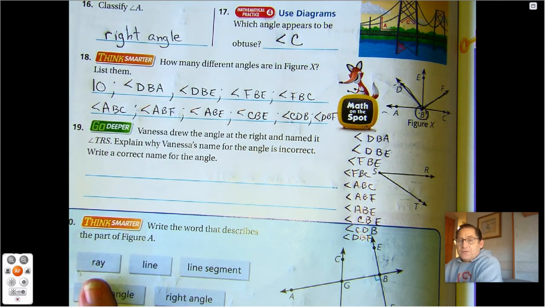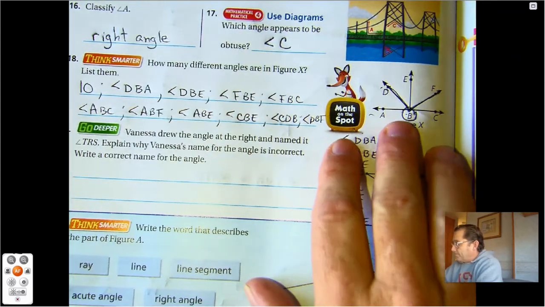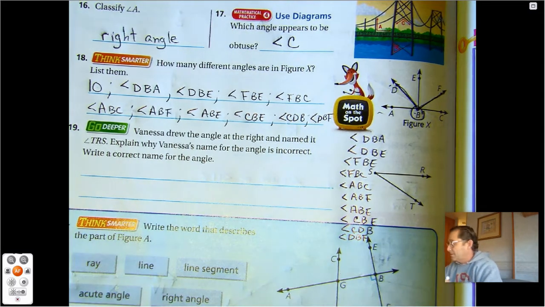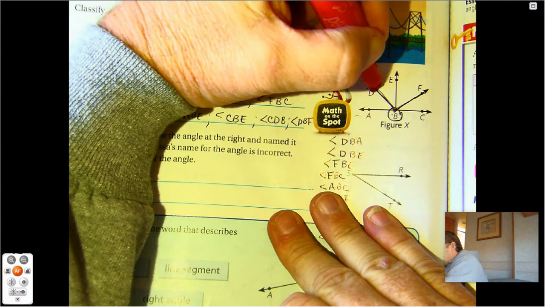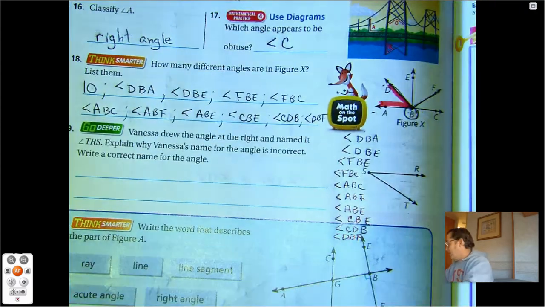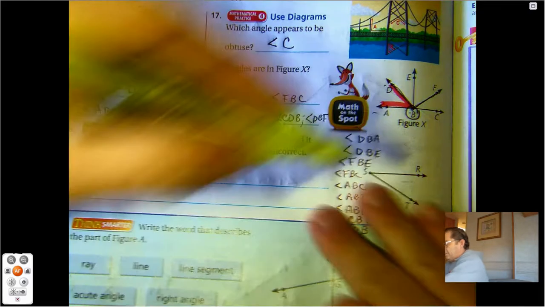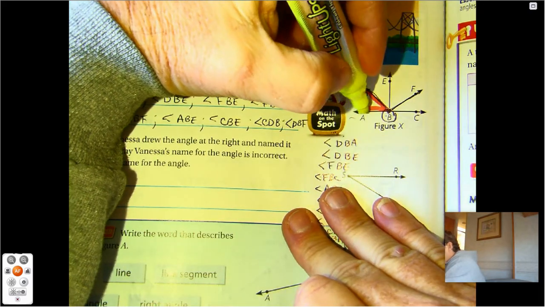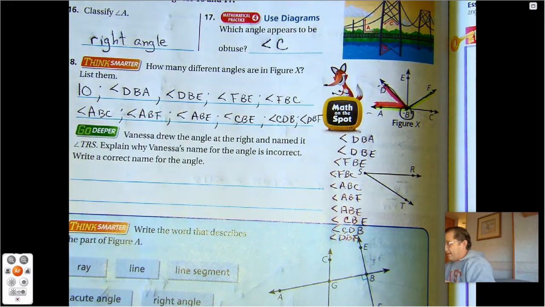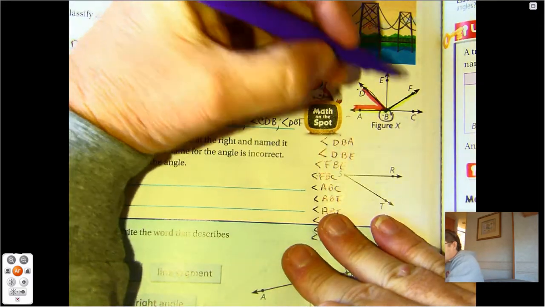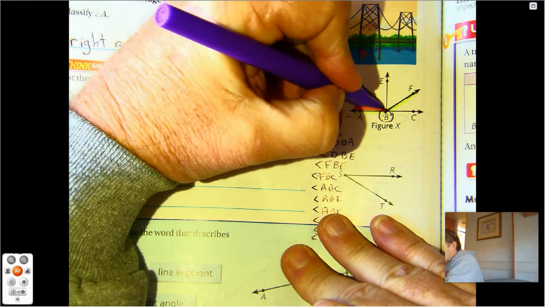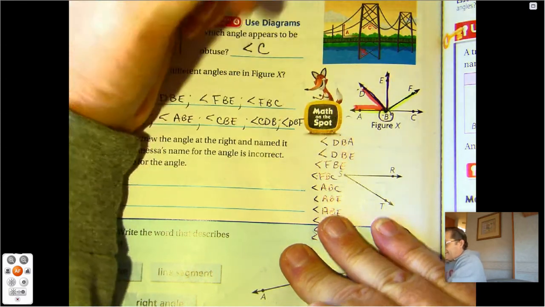Sometimes it's easier to find all the different angles by using different color pencils. So, like, I could color this angle that color, and then I could color ABF like that, and DB like that.